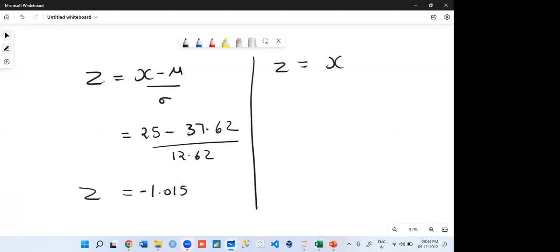Now my question for you, I want to find the value for X. Okay, but I know the Z value. Can I find this? Yes. कैसे करोगे?